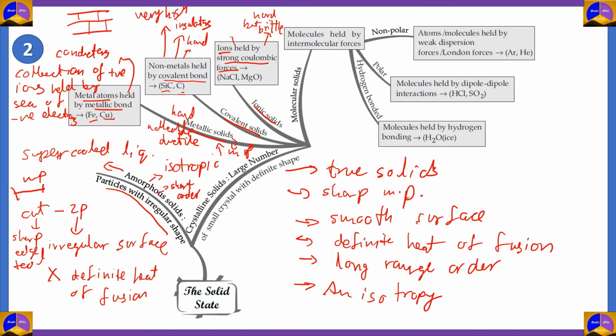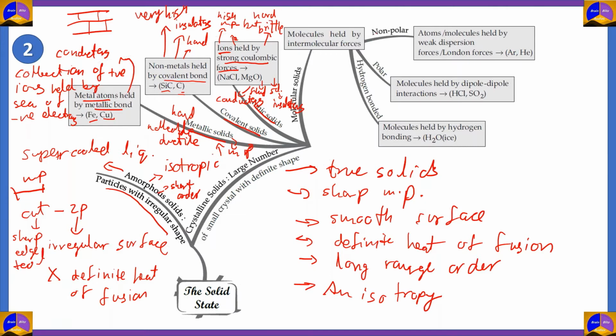And when it comes to ionic solids, in the solid state, these are insulators. However, in the fluid state, they are conductors. And ionic solids also have a high melting point.